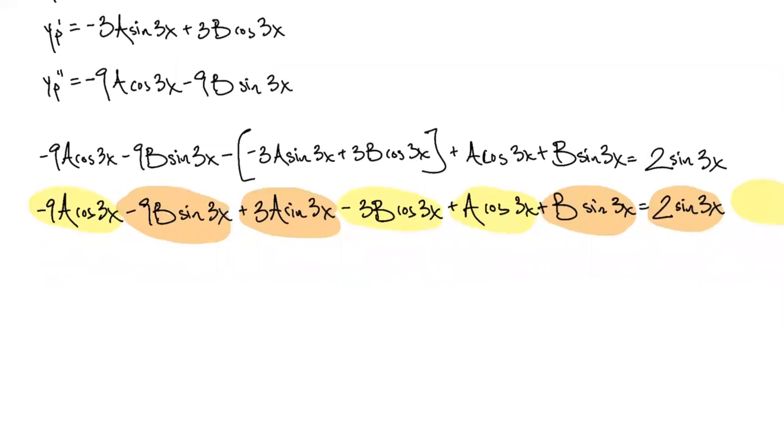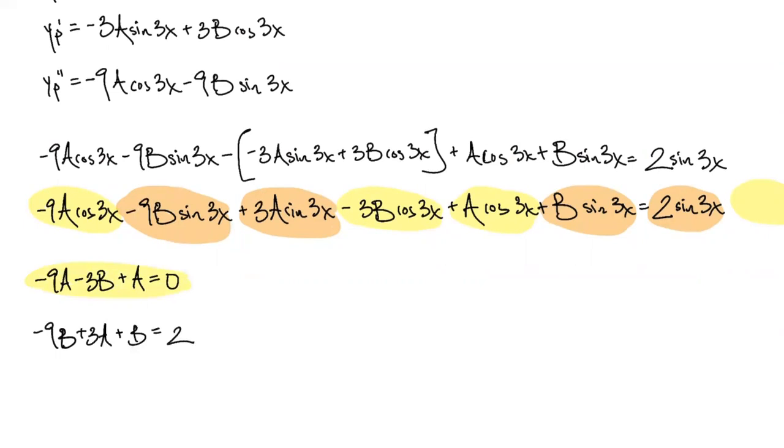So let's see what we get. We get negative 9a minus 3b plus a equals 0. So this is all of the yellow terms. And then separately, I have negative 9b plus 3a plus b equals 2.